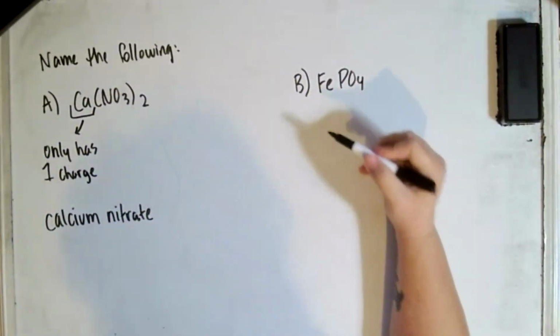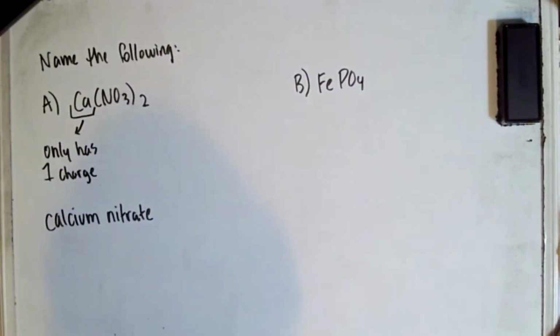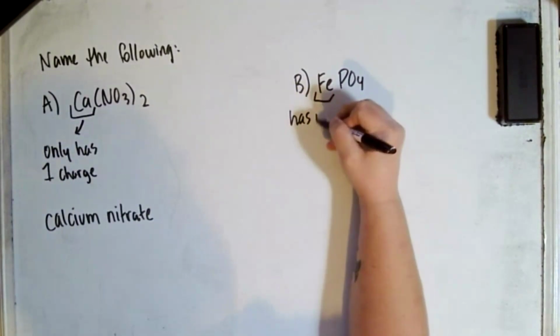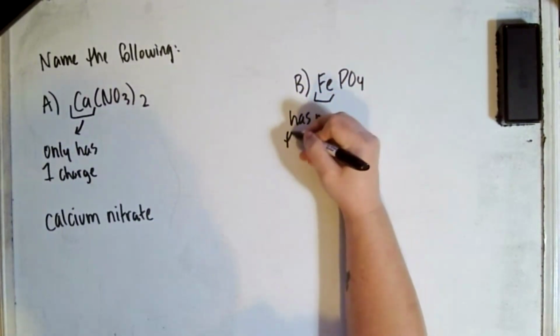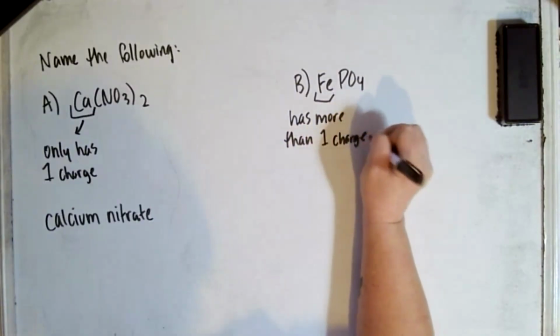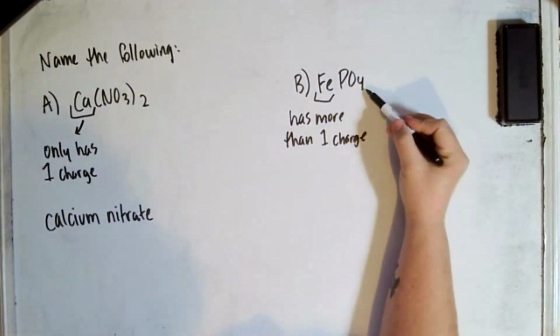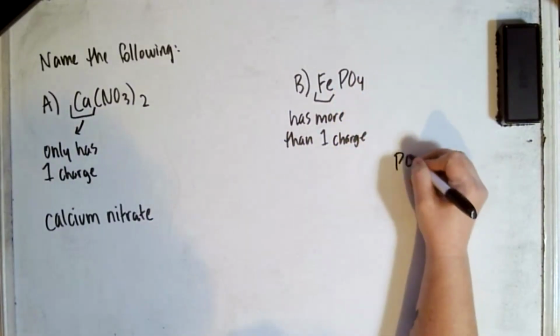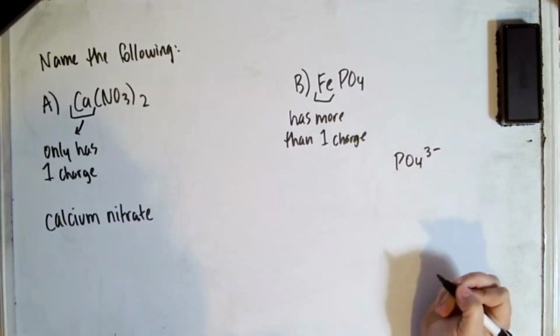For our second example, though, we have FePO4. Fe has more than one charge. So I'm going to need to use the charge on the phosphate to figure out the charge on the iron. Phosphate has a -3 charge.